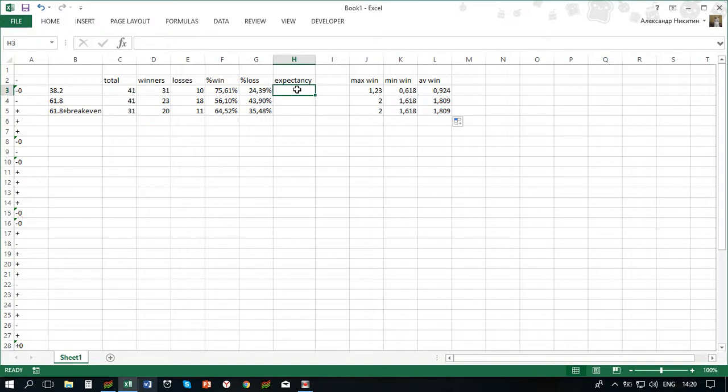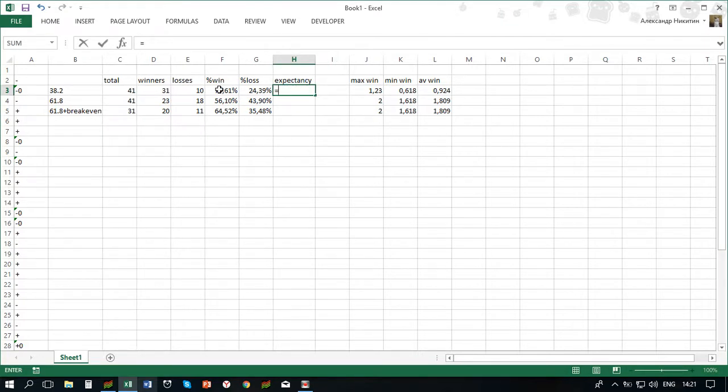So what is the expectancy? Let me calculate the expectancy. The expectancy is the mathematical calculation of what I am to expect on each and every trade. Some trades are losers, some trades are winners, but what I generate on average on every trade. And it is calculated this way.